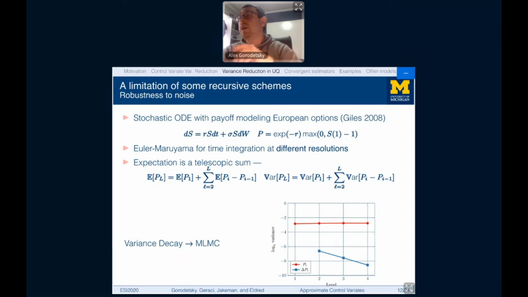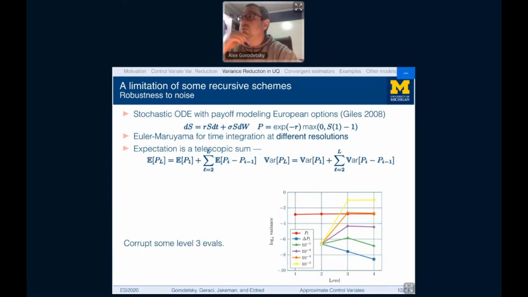Okay, so now in this recursive problem, I'm going to change it a little bit by adding noise, just random evaluation, into the third level to simulate corruption. These different lines correspond to different rates of corruption.